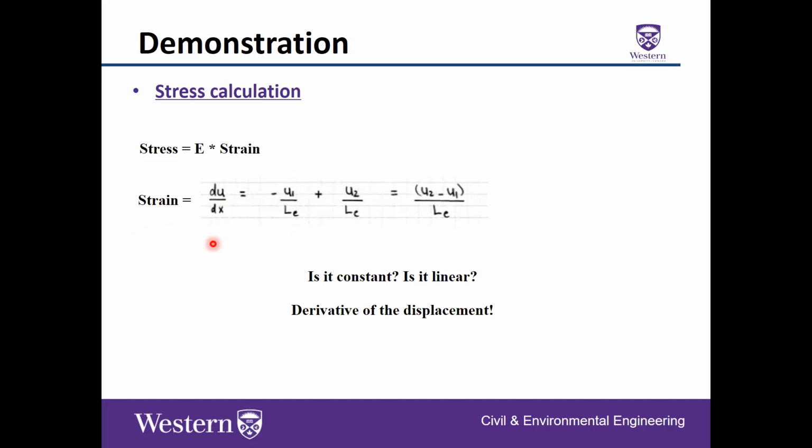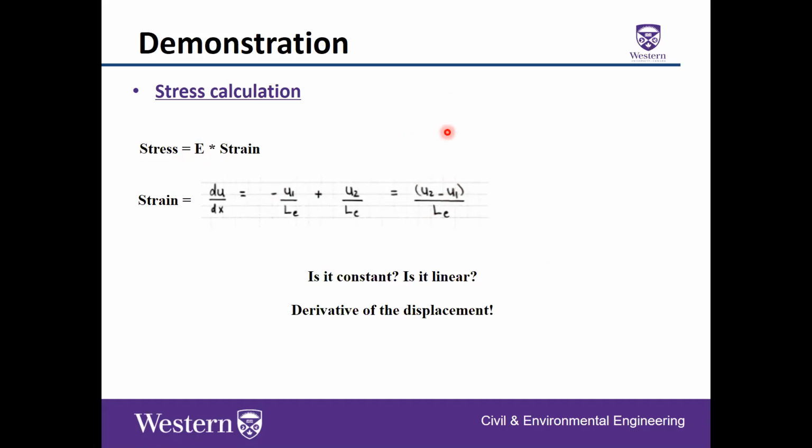So the strain, which is du over dx, is U2 minus U1 over LE. LE is the length of the element. So you get the strain, you multiply that strain by the Young's modulus, and you get the stress. A very common question that you usually have in the exam is when Dr. Ayman asks you, is this stress accurate or not?